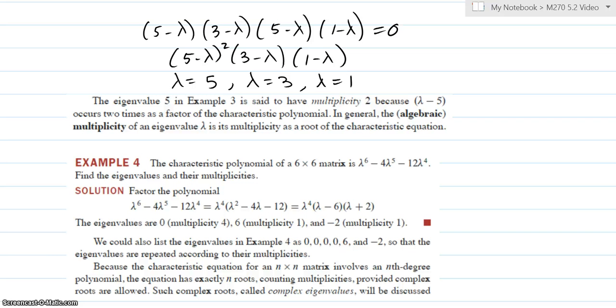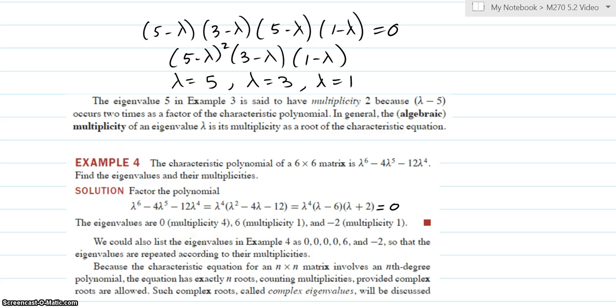So all we need to do is set this equal to 0. What they did here is they factored out what was common, lambda to the 4th was common, and they factored out this trinomial. And they realized that the solutions to this equation are lambda equals 0, 6, and negative 2. And since there's a 4th power here, 0 has multiplicity 4.